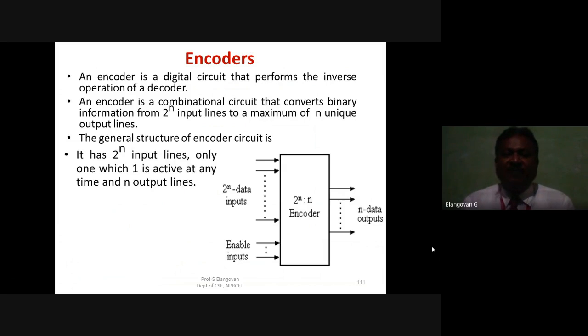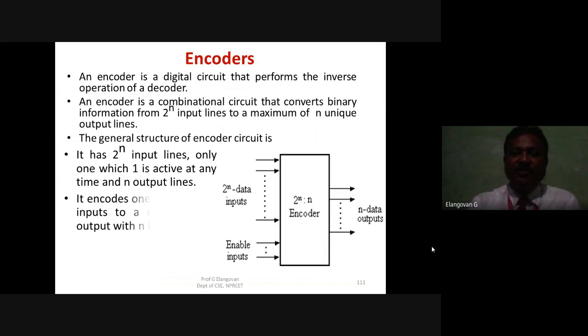So it has 2 power n input lines, only one of which is active at any time, and n output lines. Out of the 2 power n input combinations, only one is assumed to be high level. You cannot have more than one input at high level. That is the constraint in encoders, and only in such a scenario will it be validated.